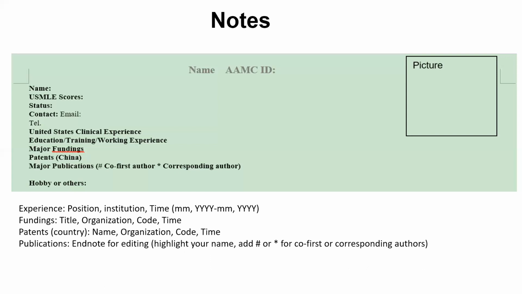For education, training, and working experience, I put all of them together to make it easier for the program director to read, following my timeline. The template is similar to the USCE: title, position, institution, and time. For my research experience, I started with my funding.